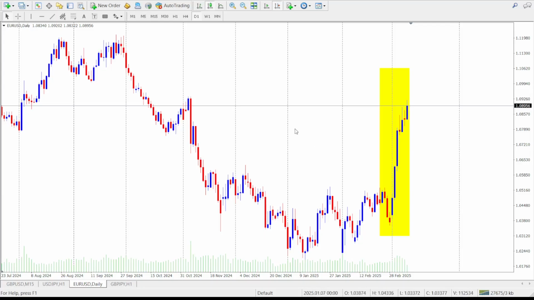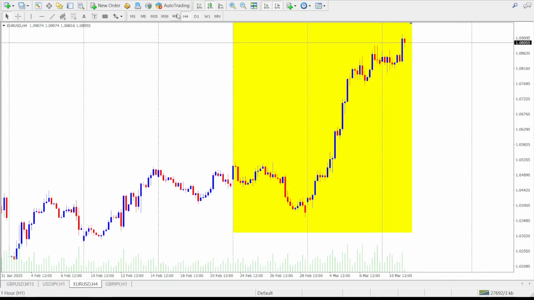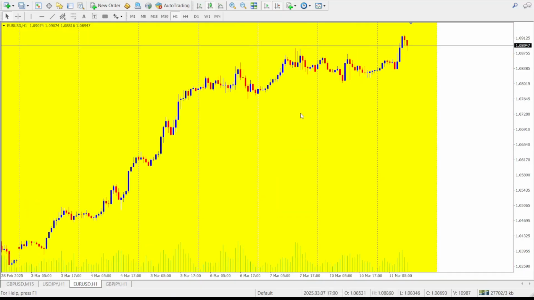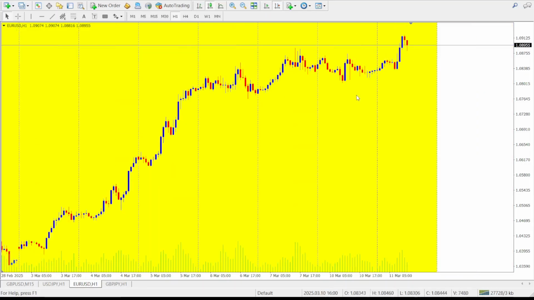Then the second step is to zoom into the medium time frame. Once you have the big picture, you can move down to the 4-hour chart or even the 1-hour chart. This is where you can fine-tune your understanding and look for confirmation of the trend. For example, if you saw an uptrend on the daily chart, which we did, you would want to look for bullish signals on the 1-hour chart, maybe a pullback or a breakout above a resistance level, something bullish.